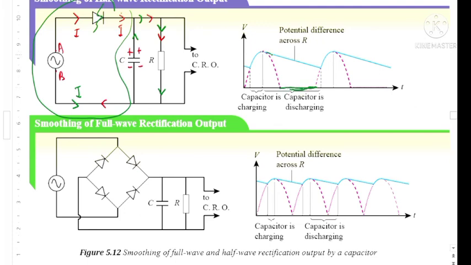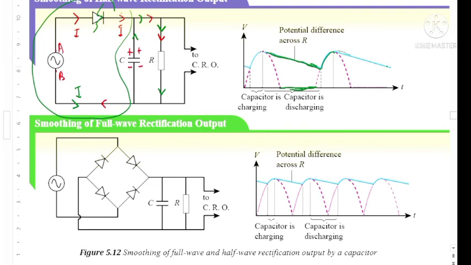Thus, there is a current flow. As you can see the blue line here, current is not 0 because current is supplied by the capacitor. Then when the current reverses again, A to B, it will be charged again and then discharge.